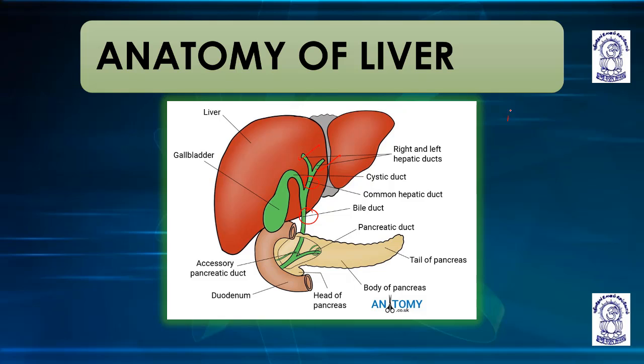So I will write here: right and left hepatic duct merge to form common hepatic duct. Common hepatic duct, CHD, plus cystic duct from gallbladder forms bile duct.